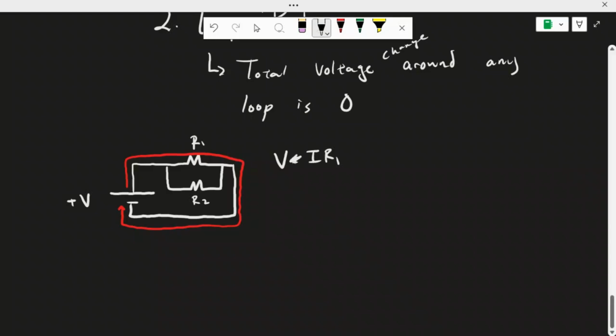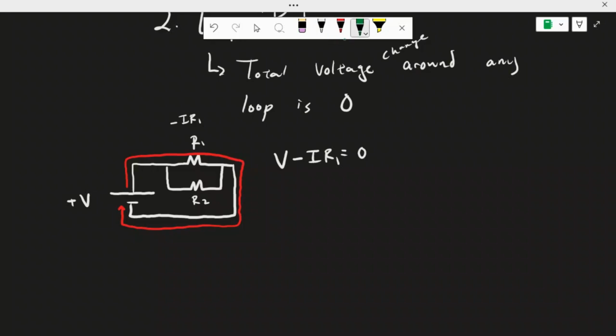Really it would say that V minus IR1 is equal to 0. Since this would be an increase in voltage, this would be minus IR1 as my change in voltage there. And I know that the change in voltage around any loop has to be 0. So that means that V minus IR1 is equal to 0.